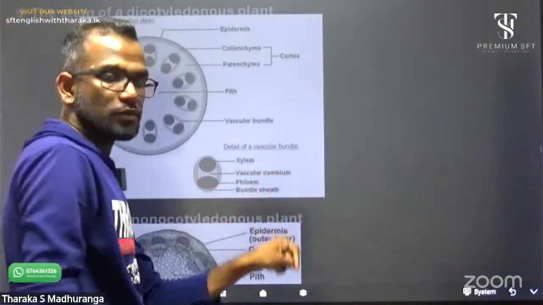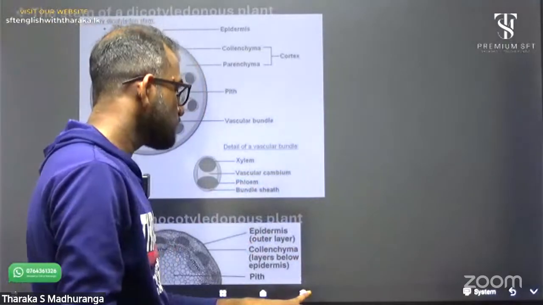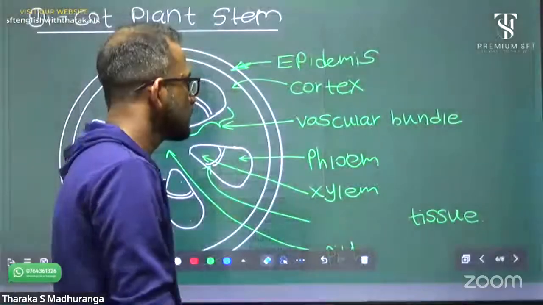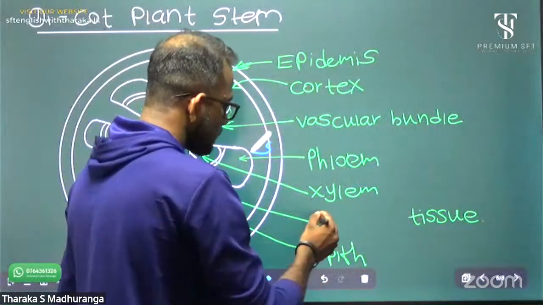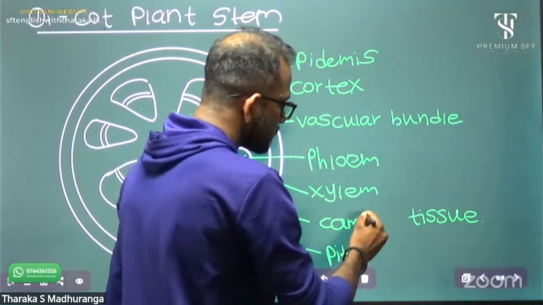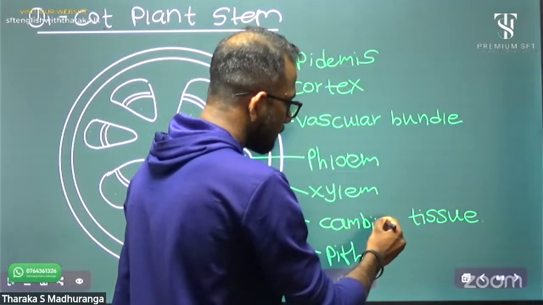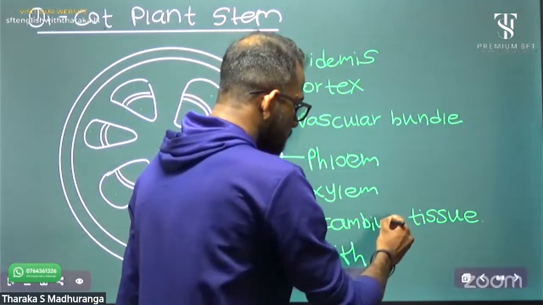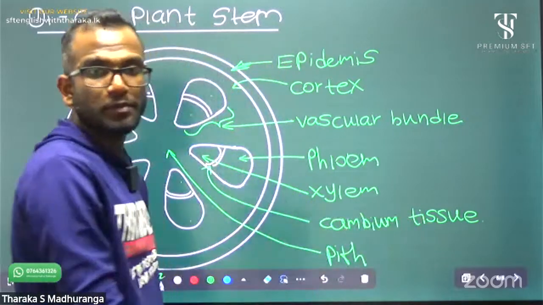Meristem is another one, the apical meristem. Sorry, I forgot. It is cambium tissue, right? Please, it is cambium tissue.